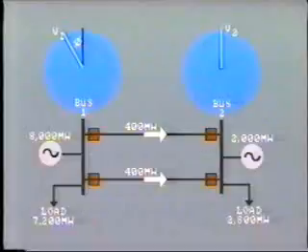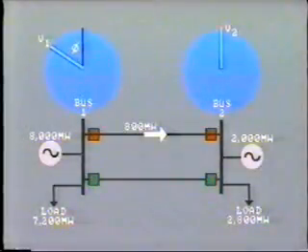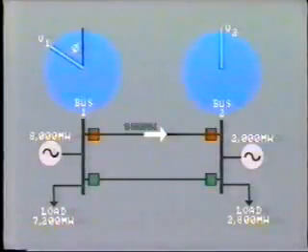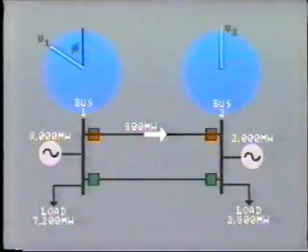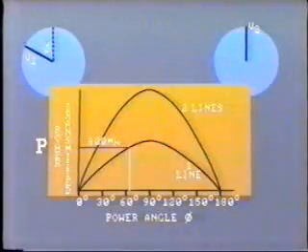If one of the lines is switched out of service for maintenance, all of the 800 megawatts will flow across a single line. In order to maintain this same load transfer, the generators feeding bus 1 must advance in phase so that the voltage at bus 1 is now about 60 degrees ahead of the voltage at bus 2.